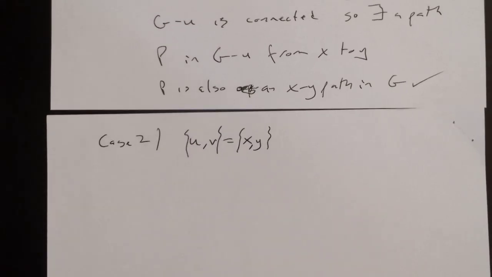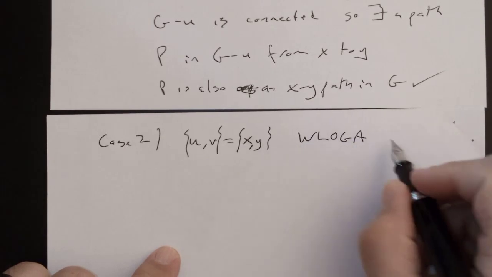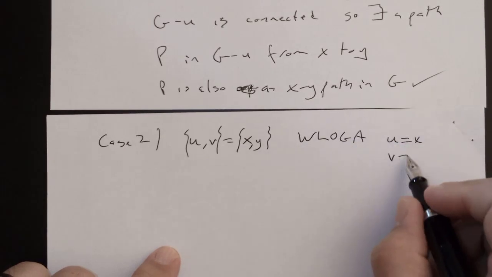Crap, I picked them both. So really, I don't need the letters X and Y. I really just need the letters U and V. All right, well, let's just name them in this order. Without loss of generality, assume U is X and V is Y.